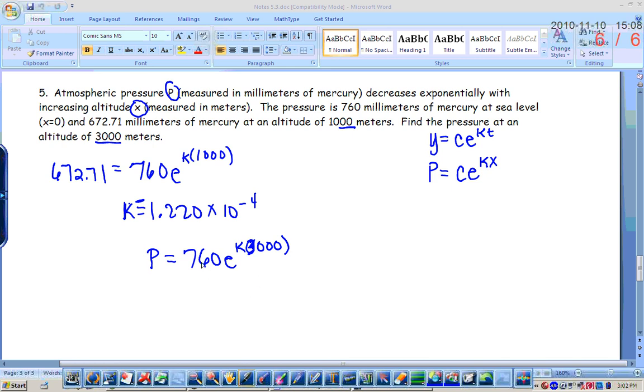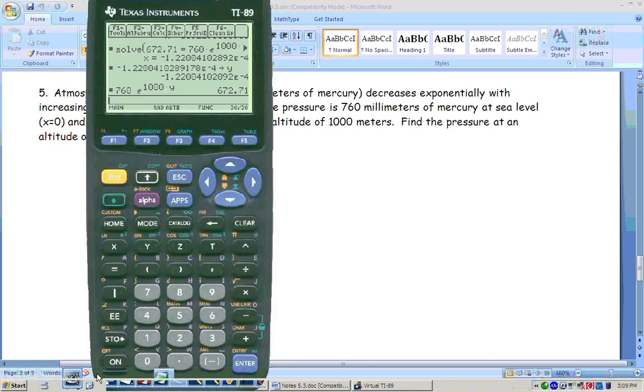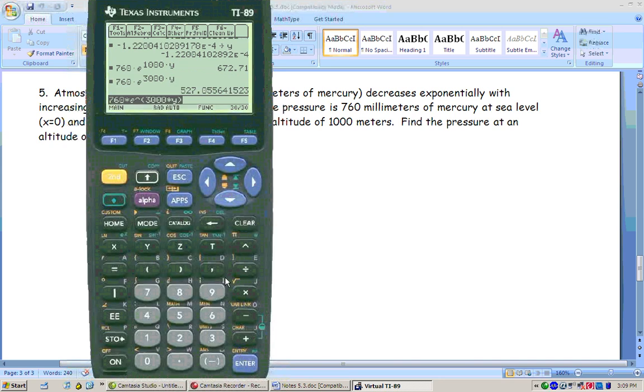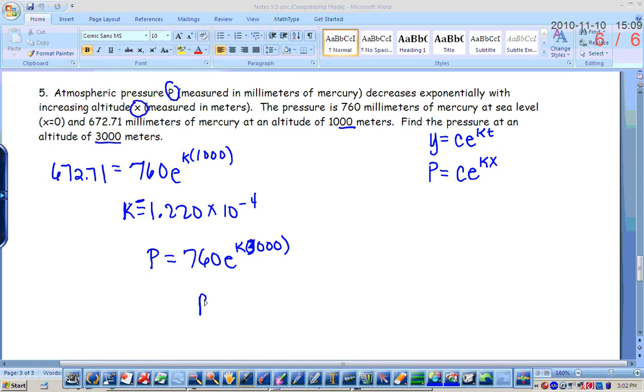So my equation is actually 760 e to the k times 3,000. There we go. 527.056. And your units are millimeters of mercury.